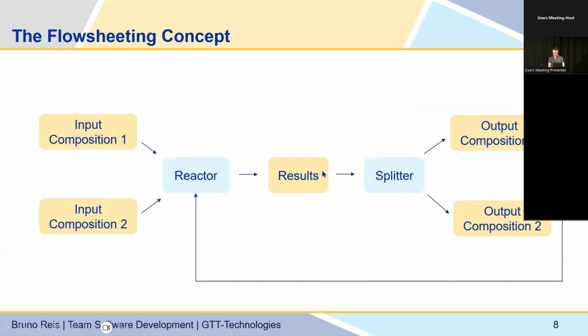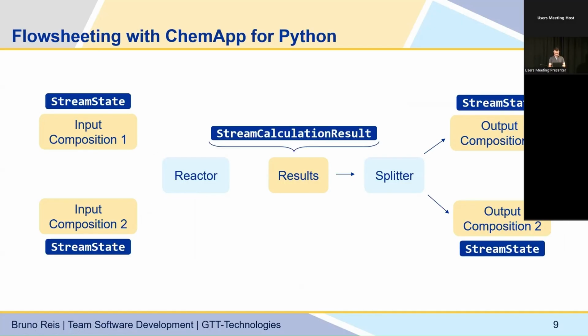We want to be able to fetch the results, and probably later you want to split and then do something with output composition 1 and something with output composition 2. And in ChemApp, what is actually going on is the same principles apply, but in the background for all the composition data structures, we make use of the stream state class, as you see here, in all different states, or in all different composition points.